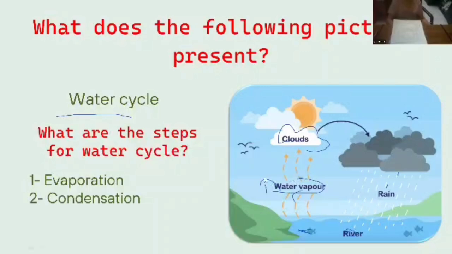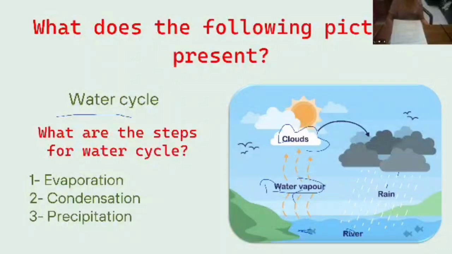So it will make something called precipitation. Precipitation. So we have evaporation, condensation, precipitation. What is this, Yasmina?